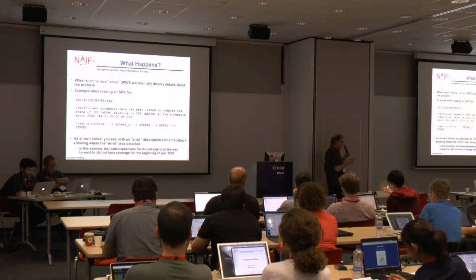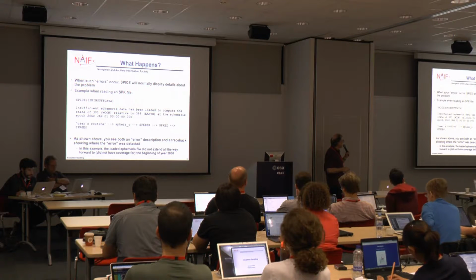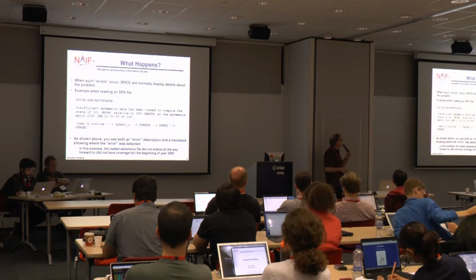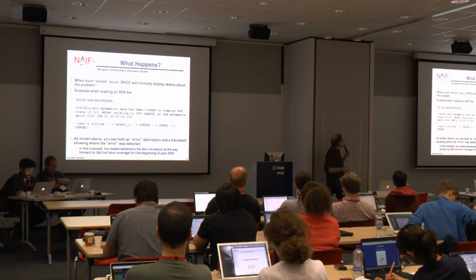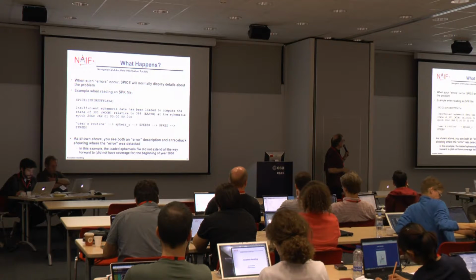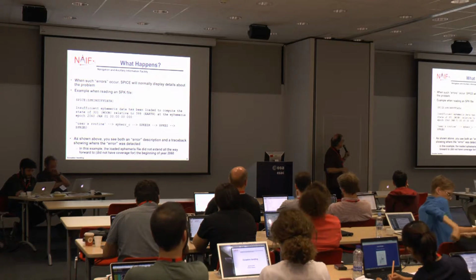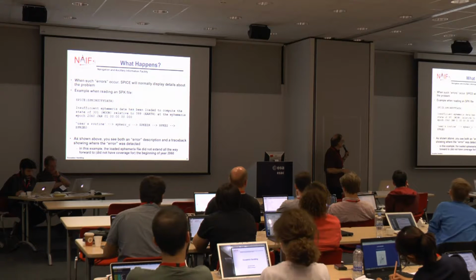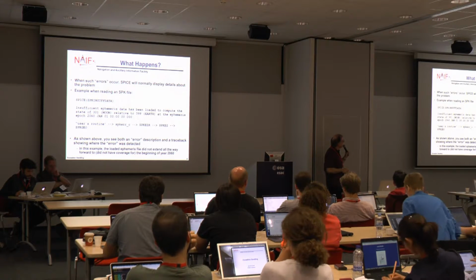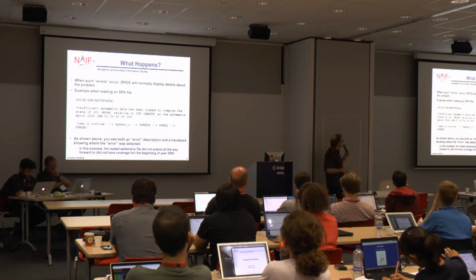So it says right here, SPICE will normally display details about your program, and again, if you're using C or Fortran, it will not only do that, but it will stop your program. Examples of error messages you might see: if you're reading an SPK file and data are needed that are not found, you'll get a short error message, and a long message that's descriptive and usually has specific values inserted into the message.